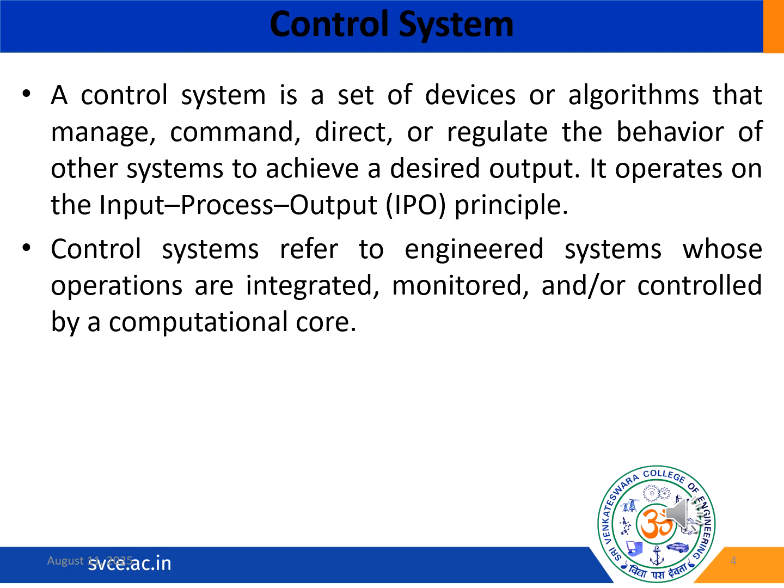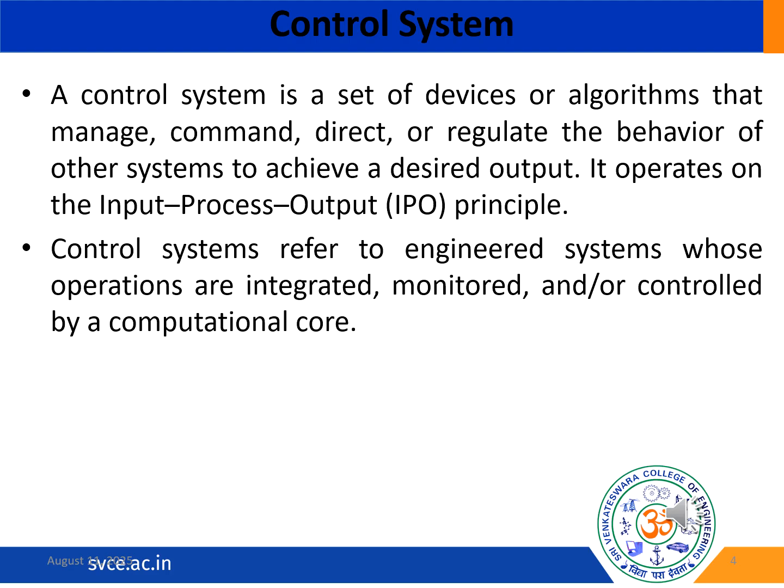A control system is a set of devices or algorithms which controls some other systems based on their behavior. It can manage, command, direct or regulate the behavior of other systems to achieve a desired output. It operates on input, process, output, and we call that principle the IPO principle.